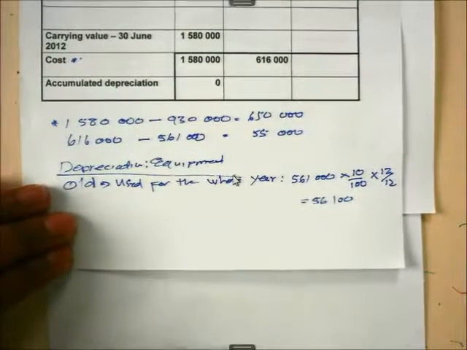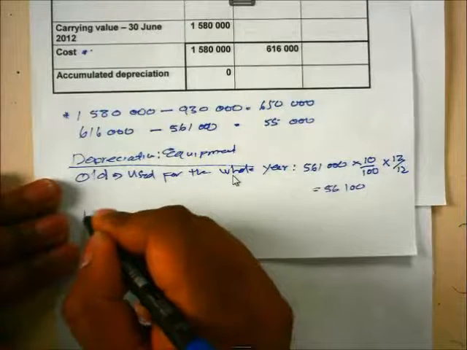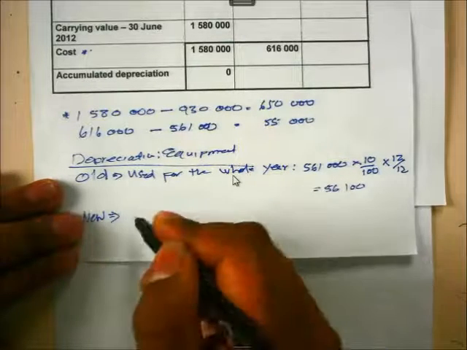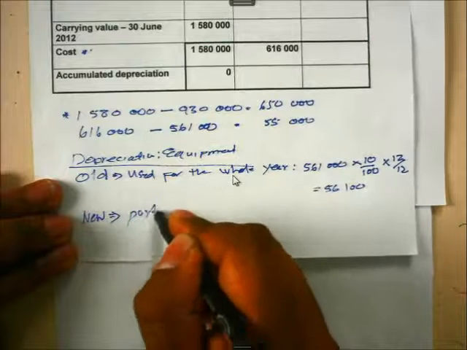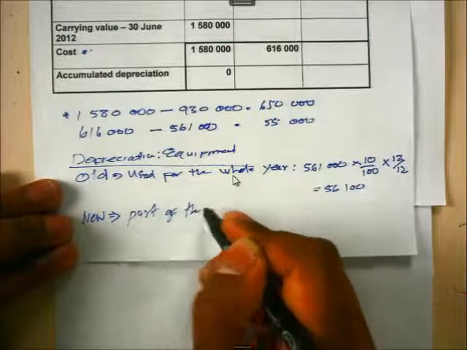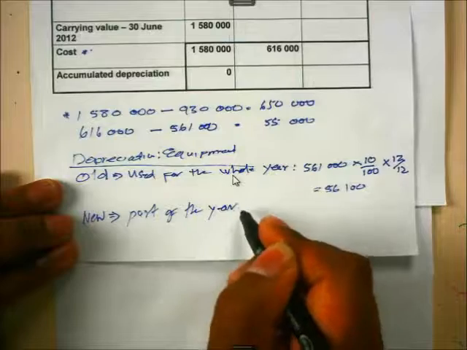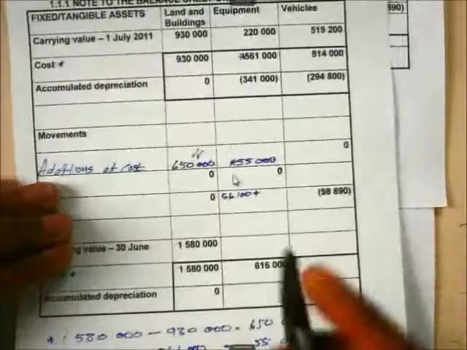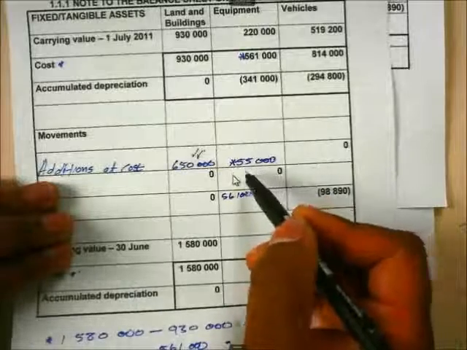On the new equipment, we bought the new equipment. The new equipment was used only for part of the year. We are told that we bought the new equipment for 55,000.